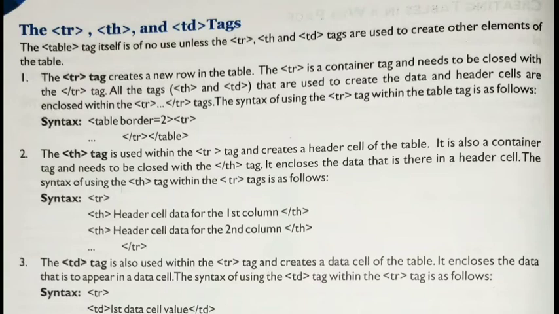The syntax of using the TR tag with the table tag is as follows. Syntax: table border equal to, TR. TR is table row, which is created for the first row. After that we use the TH tag. The TH tag is used within the TR tag and creates a header cell.